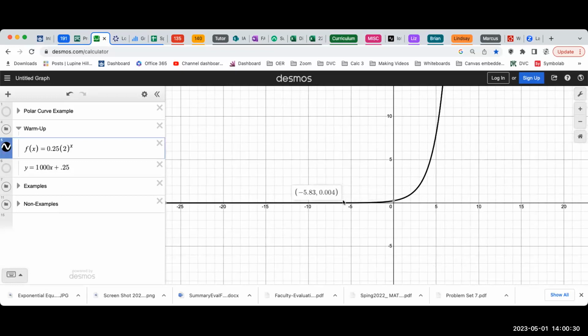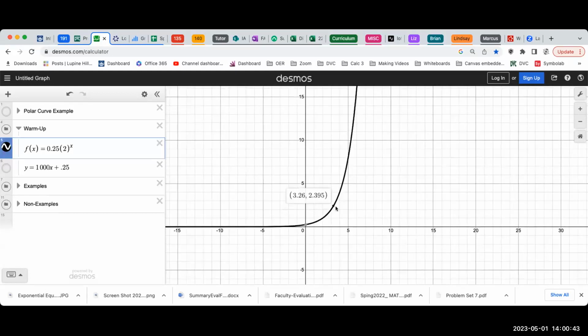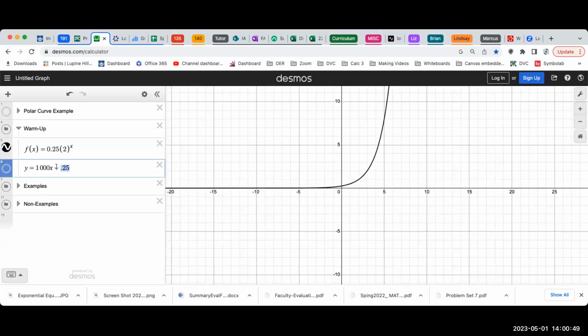As x approaches negative infinity, what is y approaching? 0. It looks like it's 0, but it's not. As x approaches positive infinity, what is y doing? It's growing to infinity. So you're right, there is a horizontal asymptote right at y equals 0.